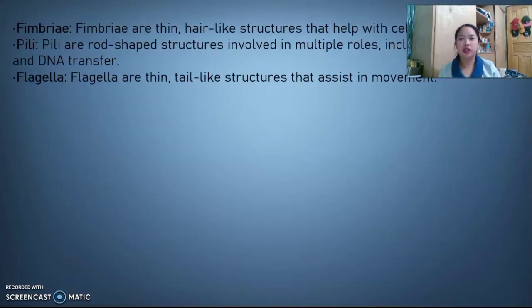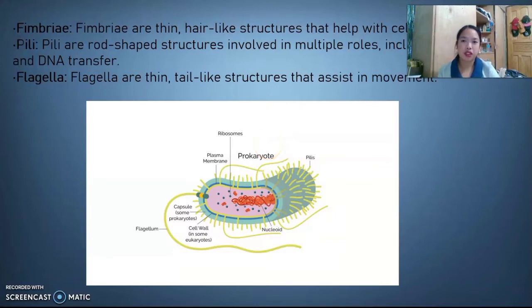Next, fimbriae are thin hair-like structures that help with cellular attachment. Next, pili are rod-shaped structures involved in multiple roles including attachment and DNA transfer.